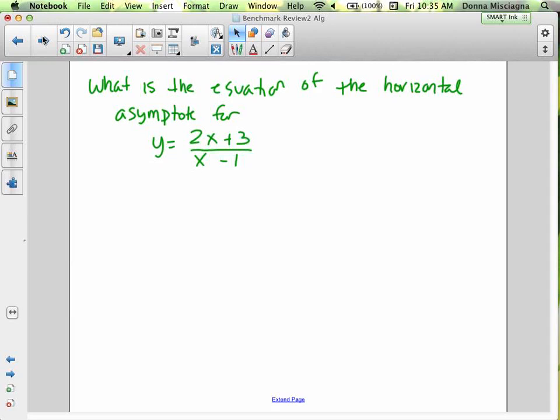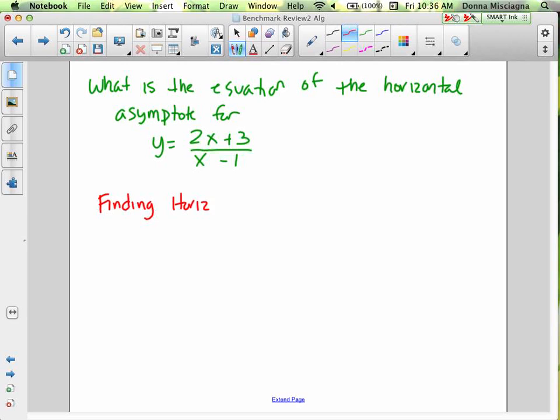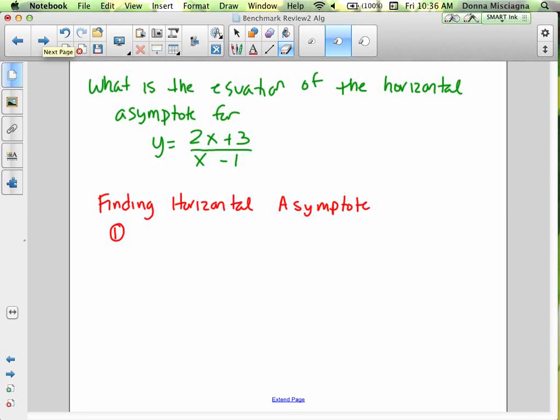All right? So I went over it a little bit in that one question. What's the equation of the horizontal asymptote? So I'm going to write in here how you find all your horizontal asymptotes. All right, so n is less than m.